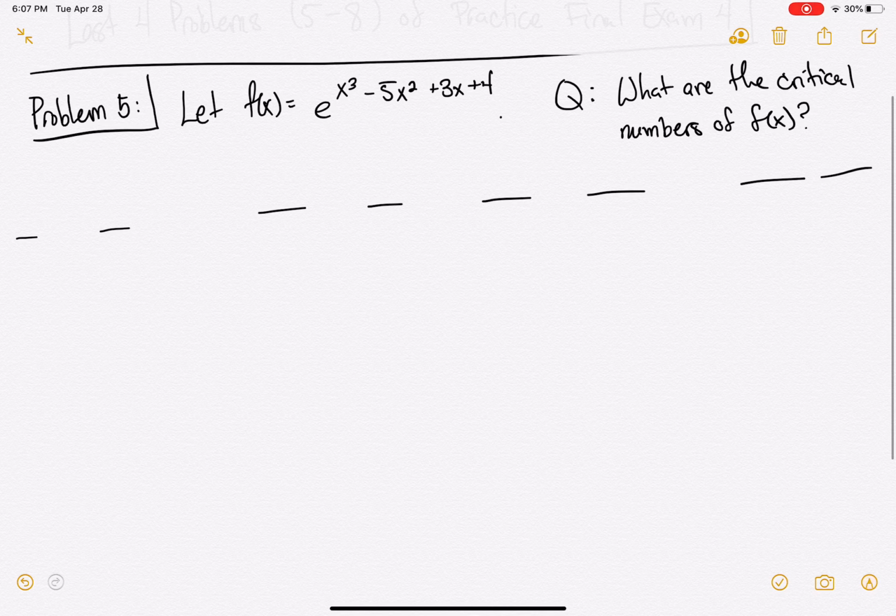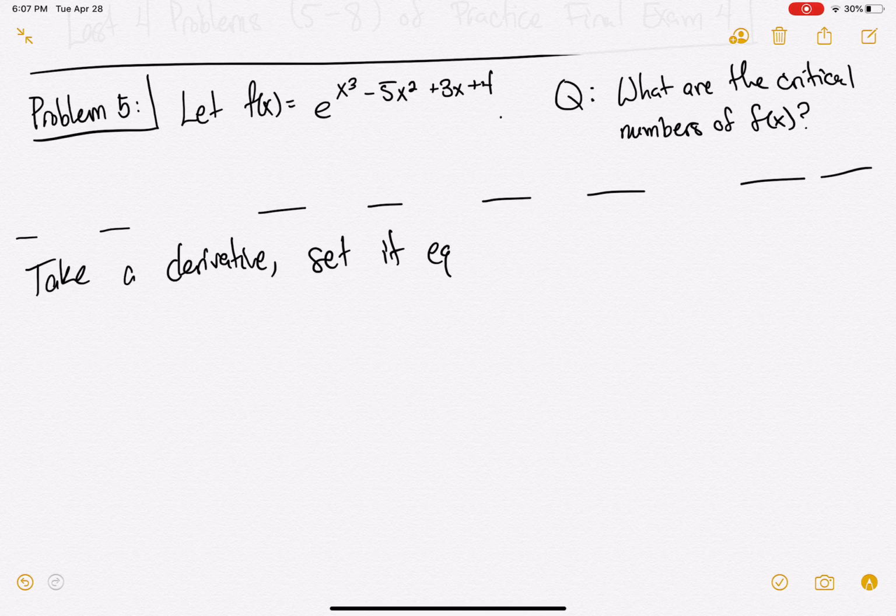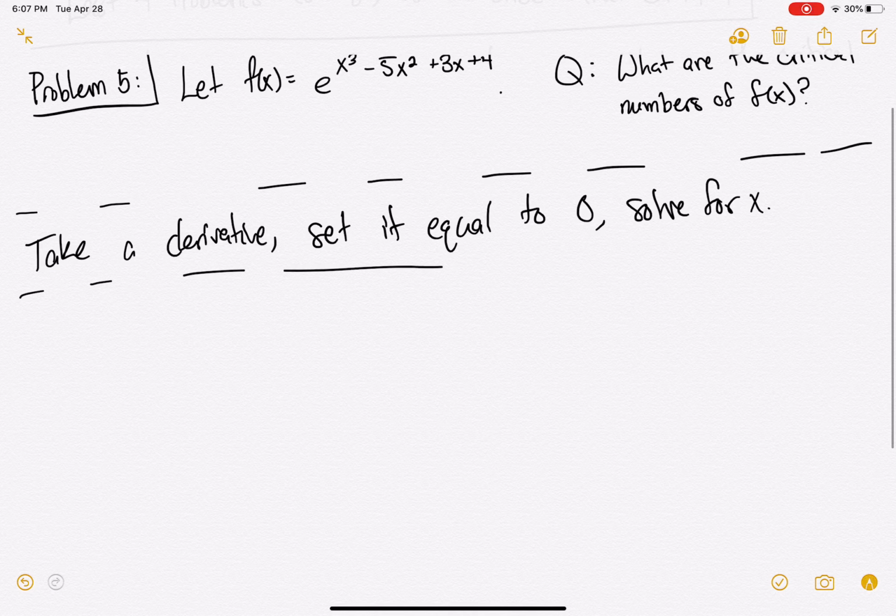There's only one thing that we're gonna do. We're going to, you guys can all say this with me, take a derivative, set it equal to 0, solve for x. So let's do just that.